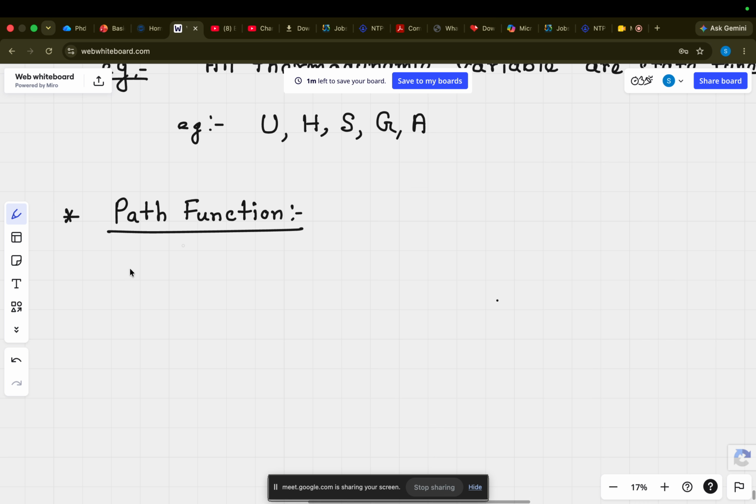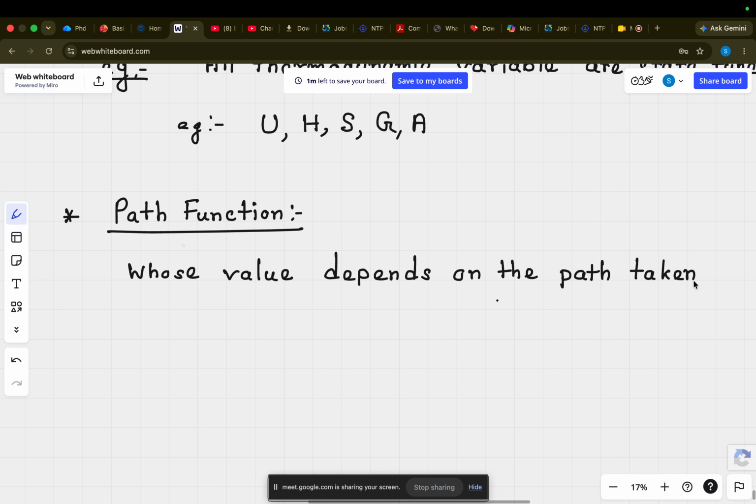Write down: a function whose value depends on the path taken. Depends on the path taken. That is your path function.